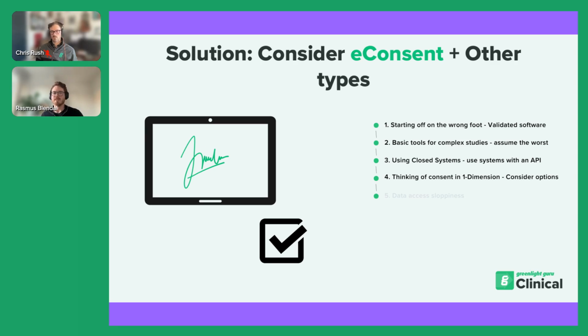With consent, it's important to emphasize that signing something digitally is not an informed consent process. Informed consent is indeed a process where a lot of things have to be in place. Signing something digitally can be part of the informed consent process.